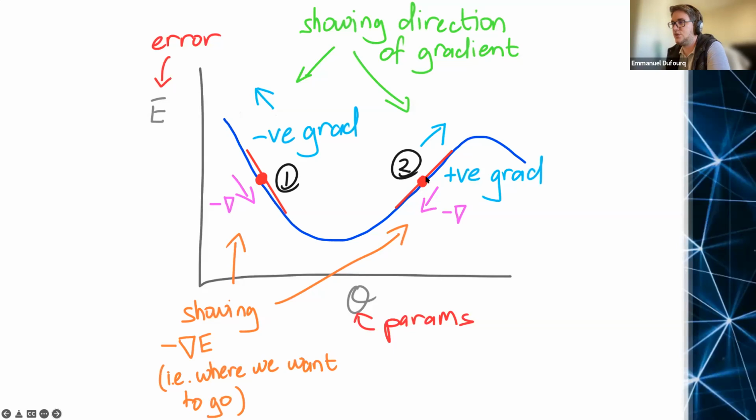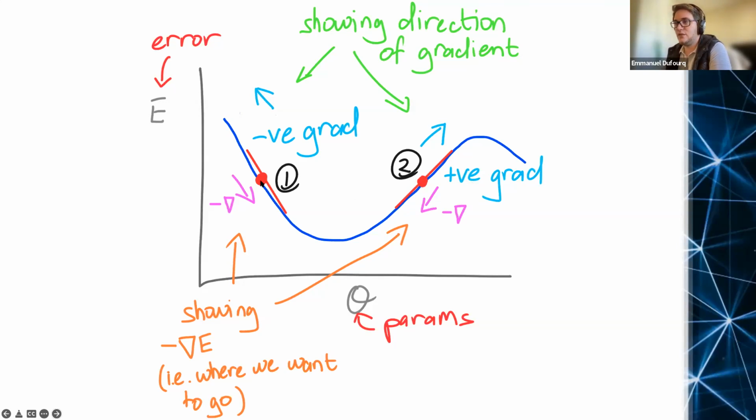Now let's look at number 2. Point 2 is a positive gradient, and the equation said we go in the negative direction of the gradient. So the negative of a positive thing is a negative thing, which means we go left. So we're going to go leftwards.